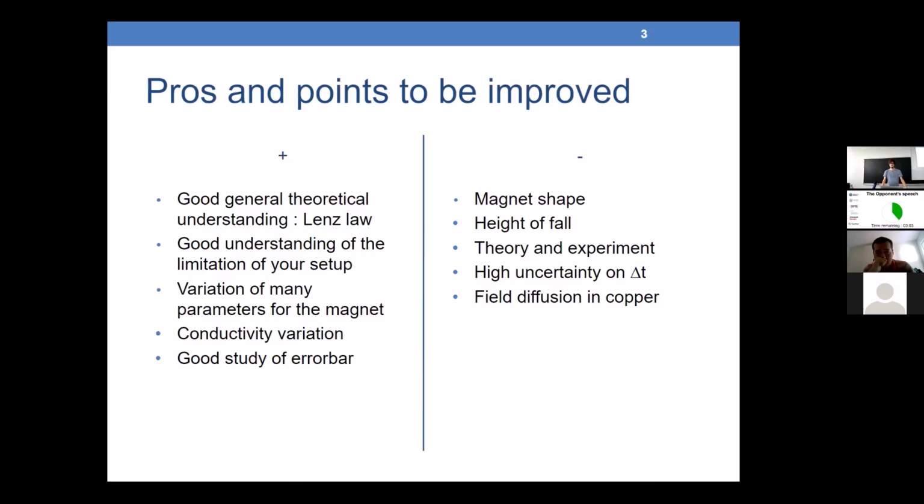And the very big problem is that they do not have a high-speed camera, and so they completely miss the effect, because in fact the magnet stops before landing on the copper. That means it reached zero velocity before landing on the copper. And I think it's due to the limitation of the setup, so we can maybe discuss it if they want.